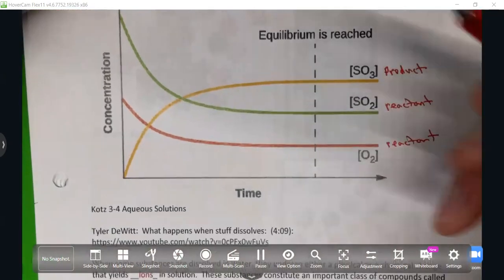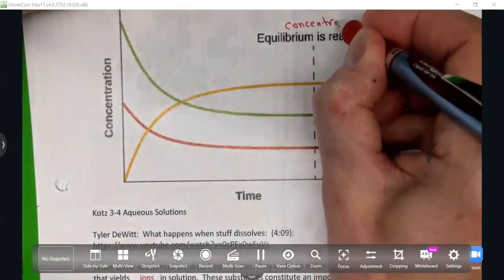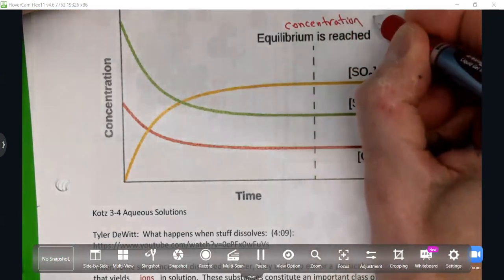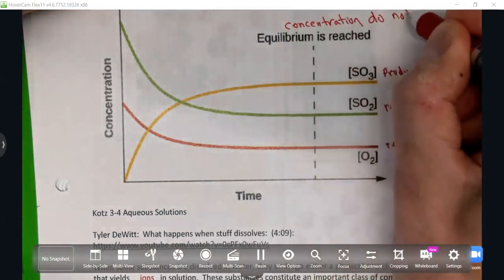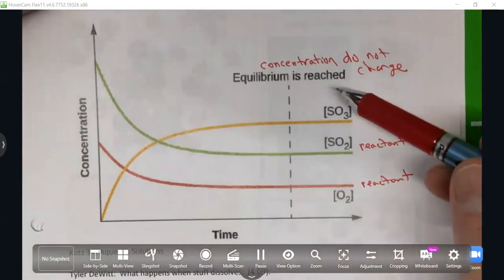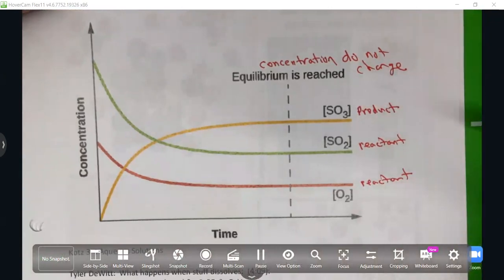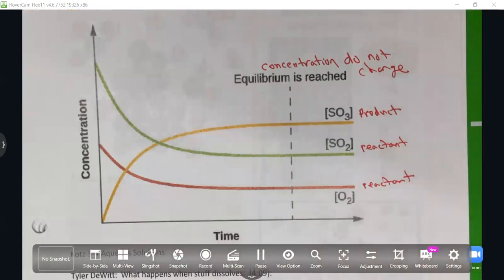And once it reaches equilibrium, concentrations do not change, even though the reaction is still going. The net effect is the concentrations do not change. So that's an example of a reversible reaction.